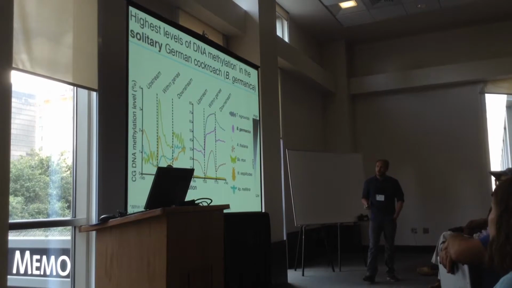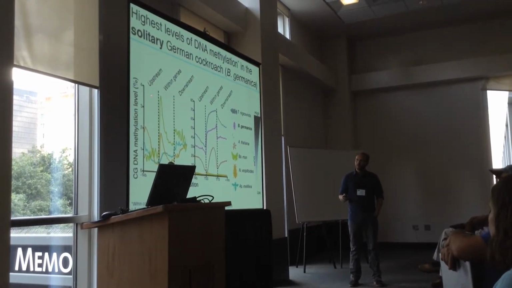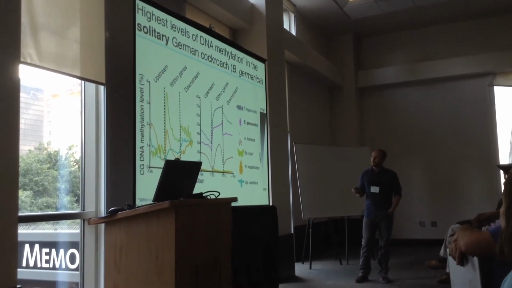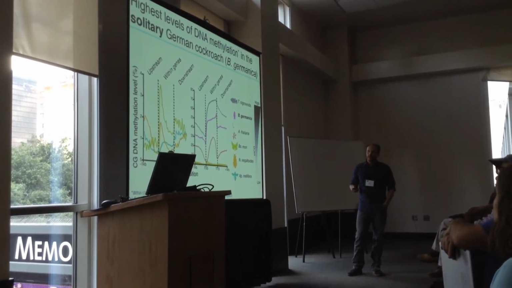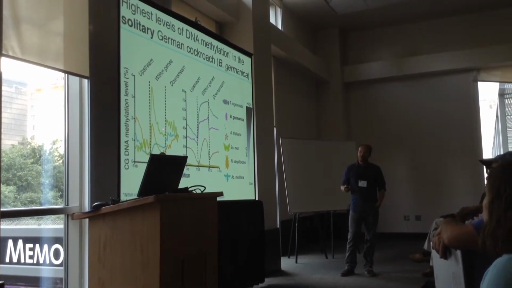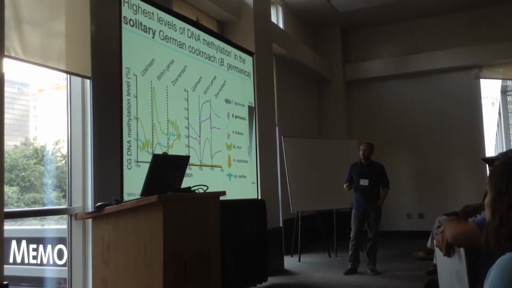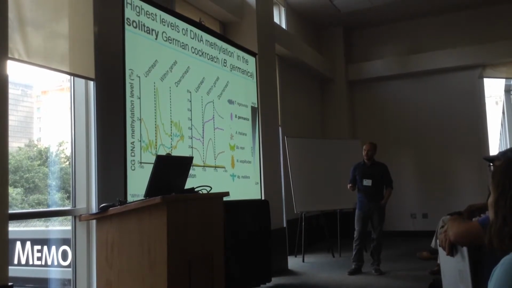So here I'm showing you 2 metaplots looking at DNA methylation upstream of genes, within genes, and then downstream of genes, for 6 different species: 4 insects here, Arabidopsis, and the pufferfish. Over here, the y-axis goes from 0 to 4% methylation, and this includes Bombyx mori, Nicrophorus vespilloides, the burying beetle, and Apis mellifera, the honeybee.